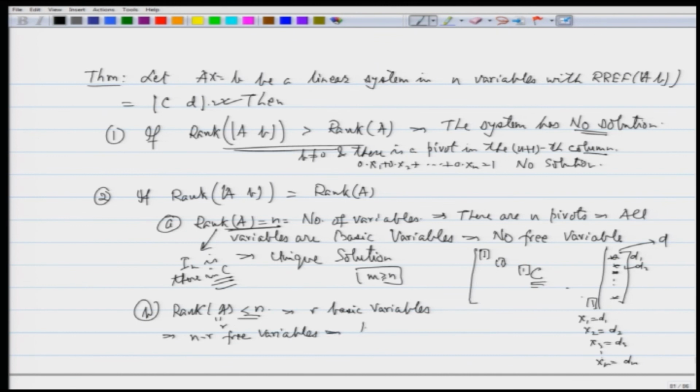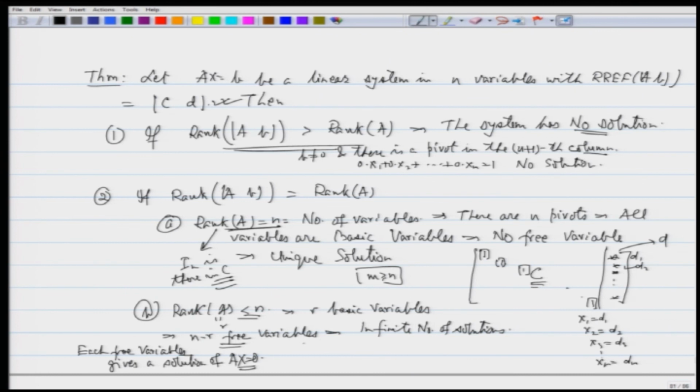This will have an infinite number of solutions. And each free variable is going to give me a vector. So, each free variable gives a solution of Ax is equal to 0.